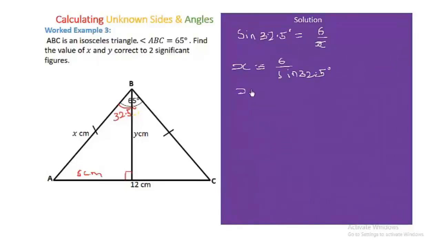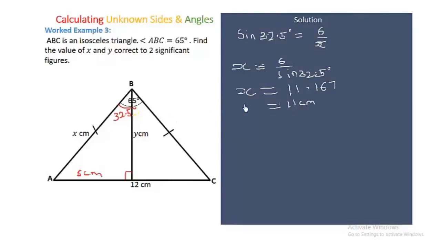So we have x now to be equal to 11.167. So to 2 significant figures, we'll get x to be equal to 11 centimeters.